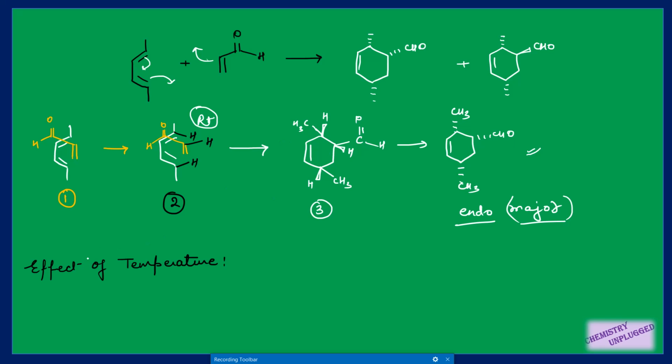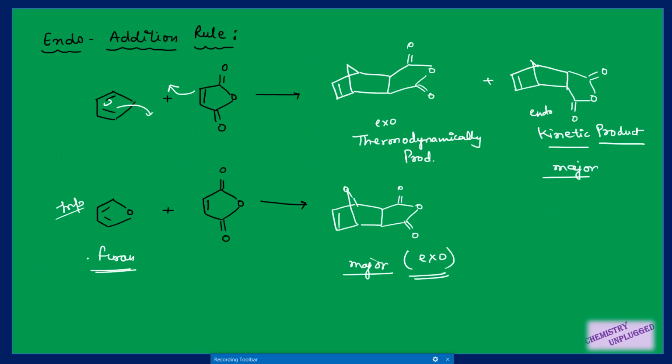First we will understand what is the effect of temperature. In the starting I told you that whenever we are deciding whether exo product or endo product will form, meaning thermodynamic product or kinetic product, then temperature can help us. At high temperature thermodynamic products will form.